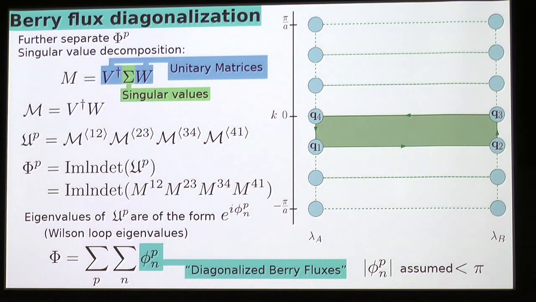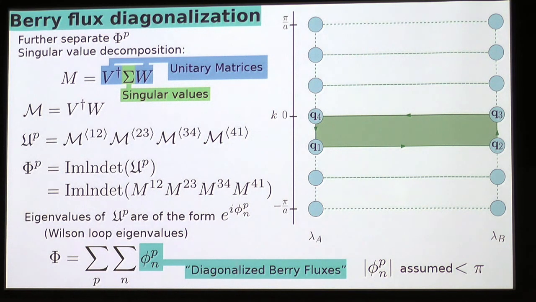And so if we just wanted the plaquette flux, we could get that from the imaginary log of the determinant of this U, which is the same as what we computed on the last slide. But the advantage of doing this is that it's going to have eigenvalues that are of this form e to the i phi. And we'll have one phi for each band. We'll have the same number of phases as the number of bands anyway. And these are what's known in other contexts as Wilson loop eigenvalues.